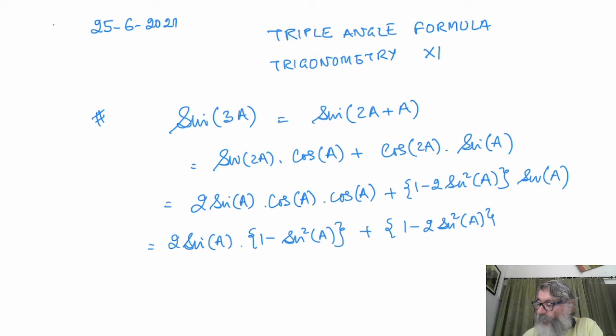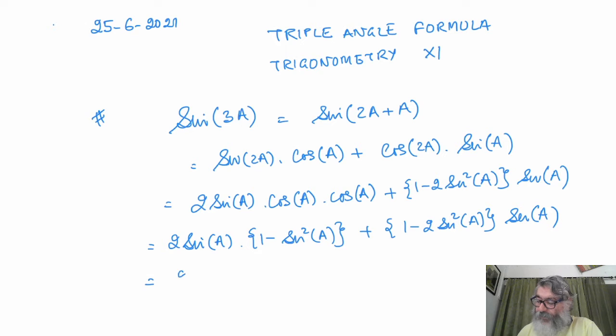In the first part only cos square a was there, and I converted it by writing 1 minus sine square a, because sine square theta plus cos square theta is 1. So cos square theta can be written as 1 minus sine square theta. Instead of theta it is a here. It doesn't matter what the name of the angle is; that's your choice.